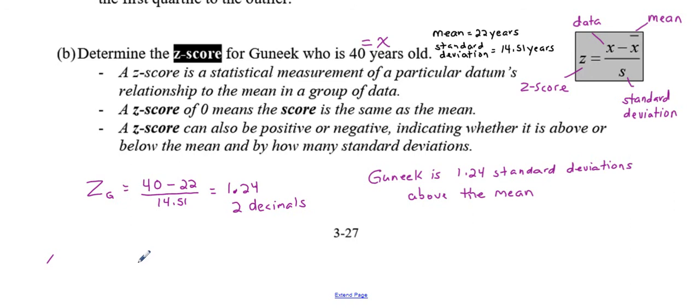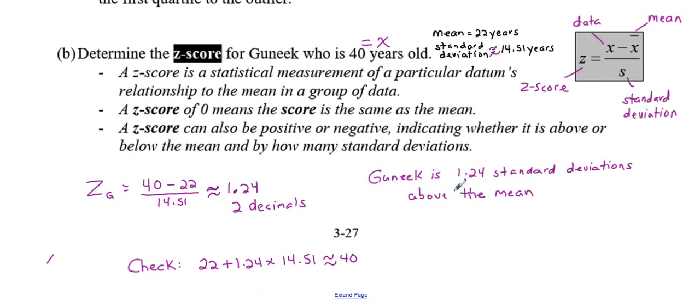If you wanted to check this, Ganeek is 1.24 standard deviations above the mean, so if we took the mean and added 1.24 multiplied by the standard deviation, which is 14.51, we would get her approximate age. The reason it's approximate is because the standard deviation was approximate and the z-score was also approximate. Sorry, these should have been approximate signs. So that's what it means.